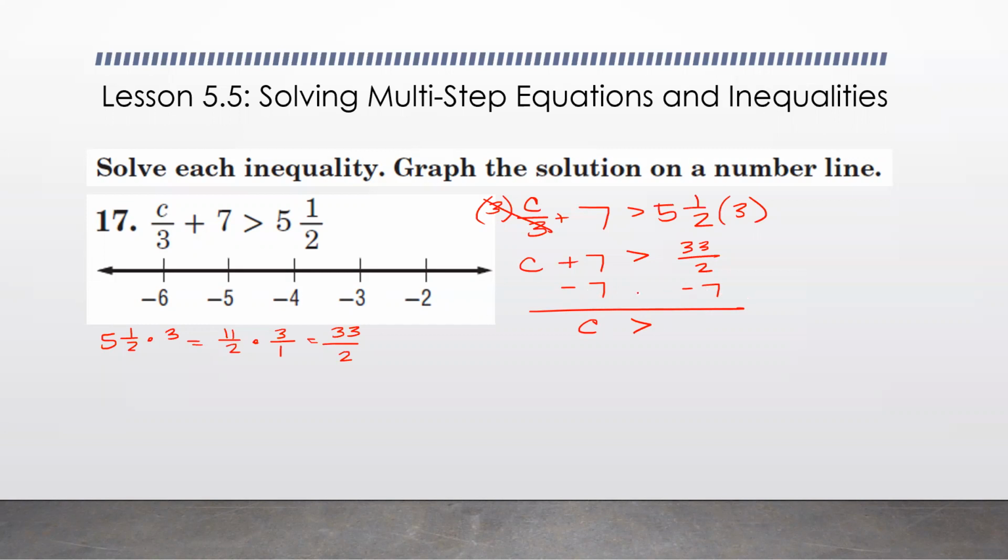I'm not multiplying or dividing by a negative. So now I have 33 over 2 minus 7 over 1. I want my denominator to be 2, so I multiply. So that would be 33 over 2. Denominator stays the same. So that would be 19 over 2.